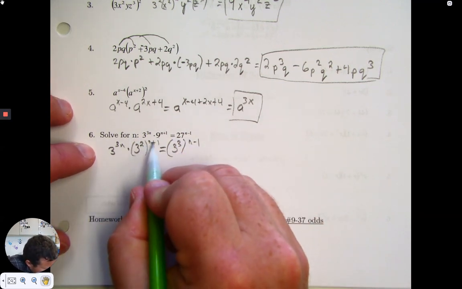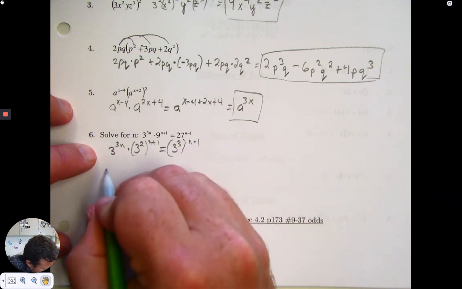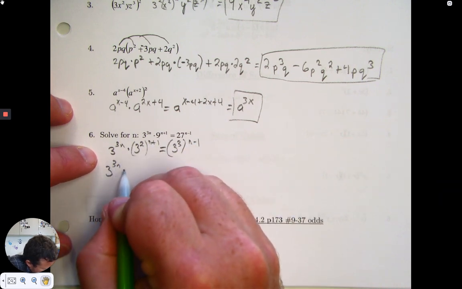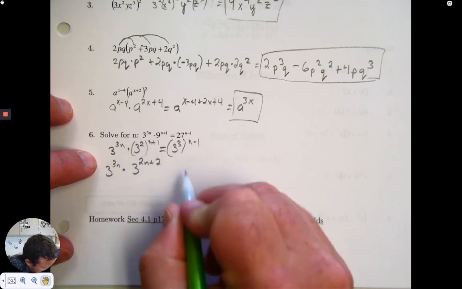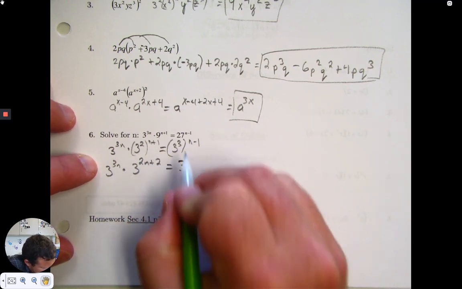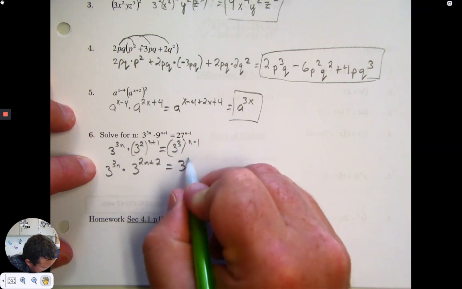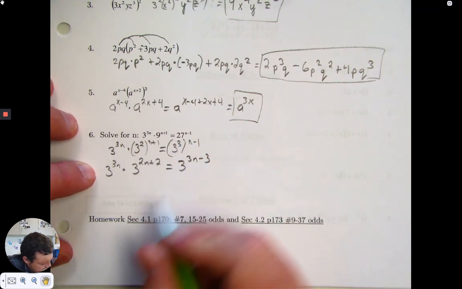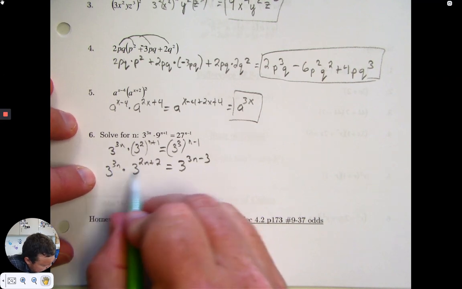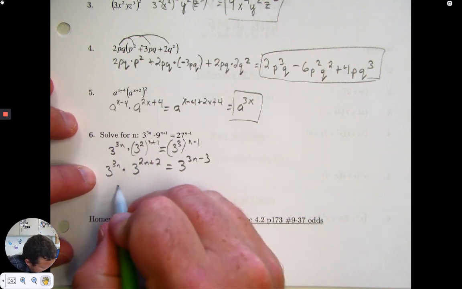So at this point, we just have to use our exponent rules. So this is 3 to the 3n times 3 to the 2n plus 2 equals 3, and then again, exponent, exponent, multiply, just like over here, 3n minus 3. So these two, same base, so that means we can add the tops.